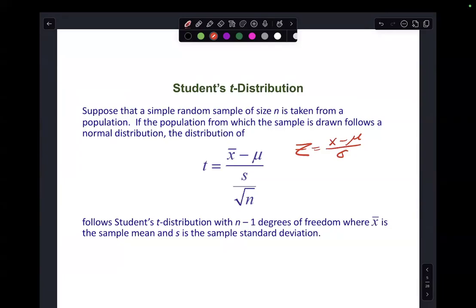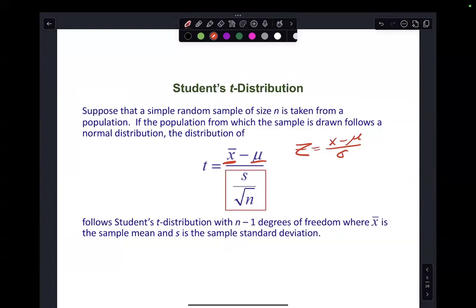Now with our t-value, it's basically the same thing, but we're going to take the sample mean, and if we have the population mean, you'll subtract the population mean. And this right here should look familiar. It is that new standard deviation.